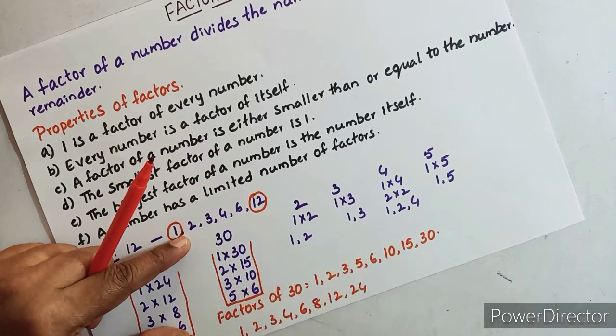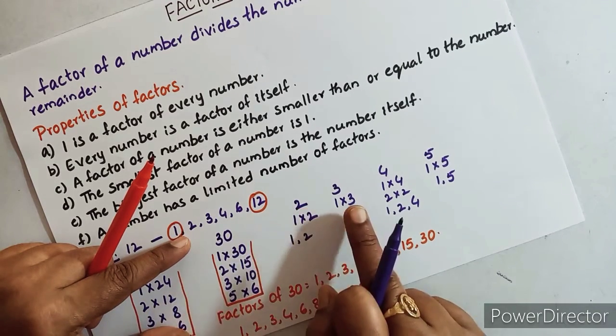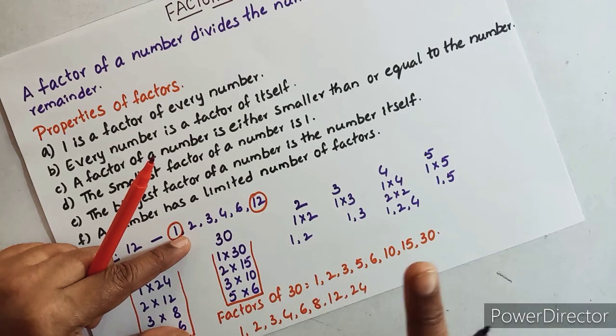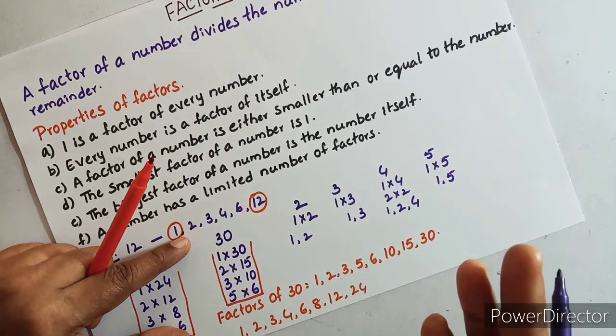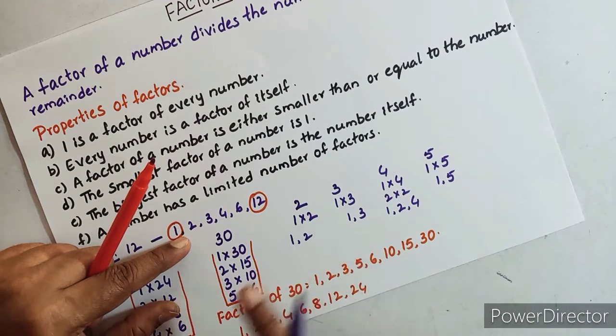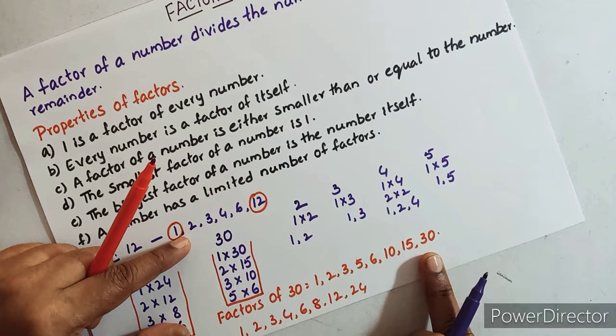So prime numbers, always remember, will get only 2 factors, 1 and itself. That means these numbers are divisible by only 1 and the number itself. We cannot divide that number with any other number. Such numbers are called prime numbers, and the numbers which you can divide with many different numbers are called composite numbers.